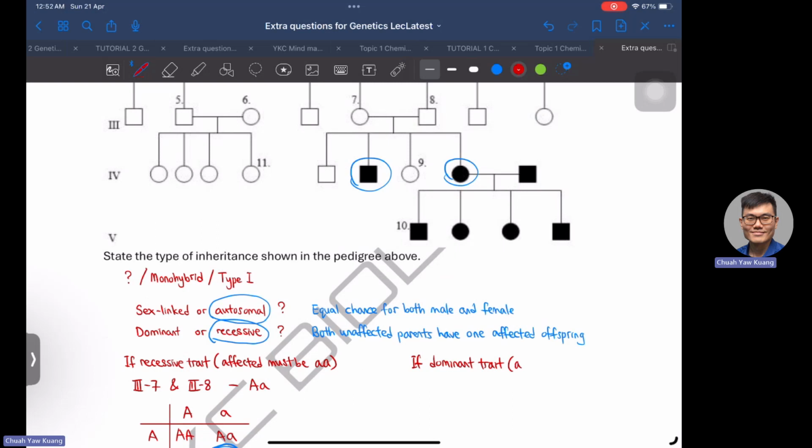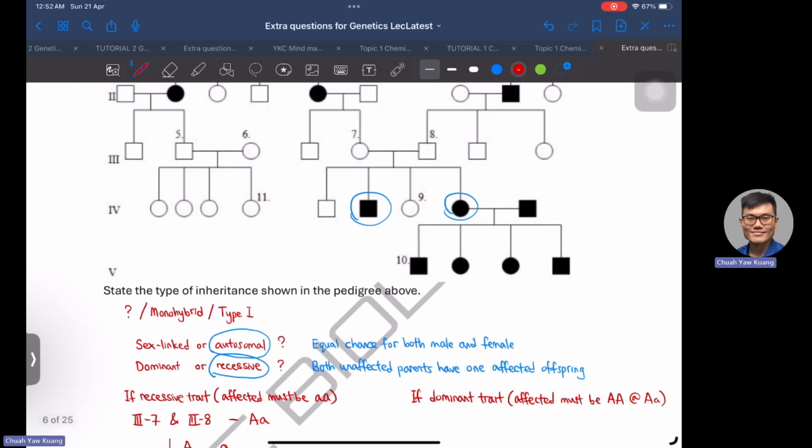That means those affected ones must be either homozygous dominant or heterozygous. So for individuals 3, 7 and 3, 8, do you see these two parents? They are not affected. If the affected one is a dominant trait, then it must be the homozygous dominant or the heterozygous.